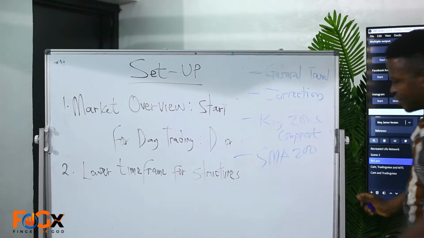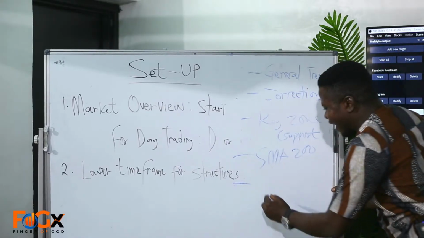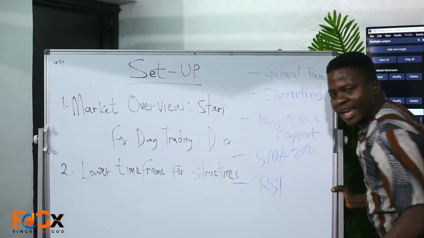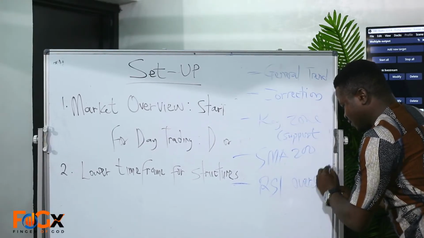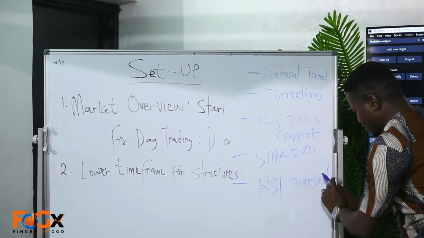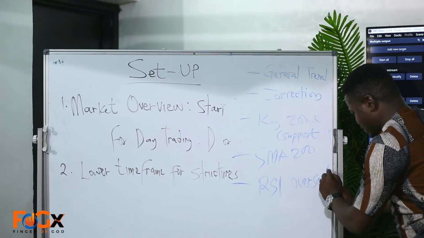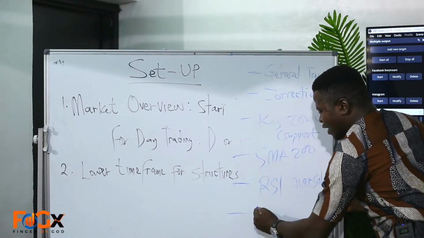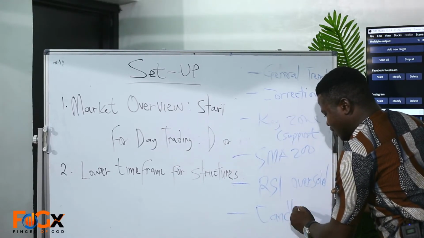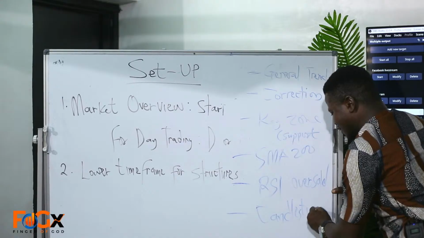Number 5, RSI says it's at oversold. Then 6, candlestick pattern.